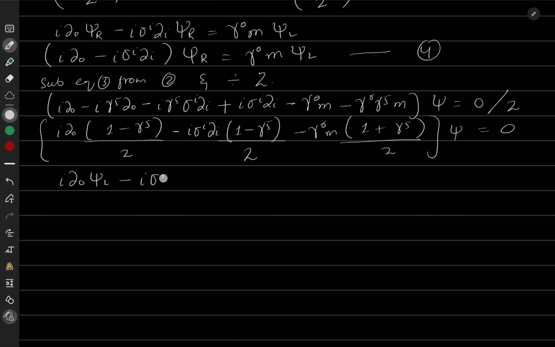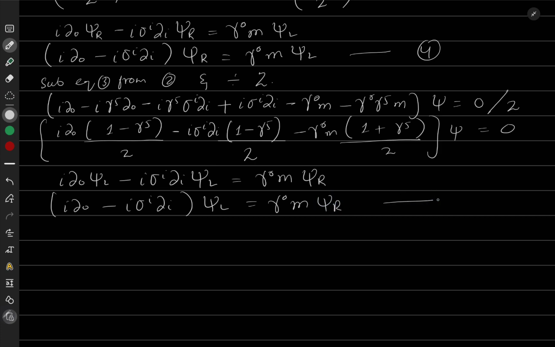Similarly, this will also give me psi L, and if I take this to the other side, this is the right chiral operator, this will give me psi R. So let's call, iota d0 minus iota sigma I di psi L is equal to gamma 0 m psi R. It's equation 5. Let's write equations 4 and 5 together.